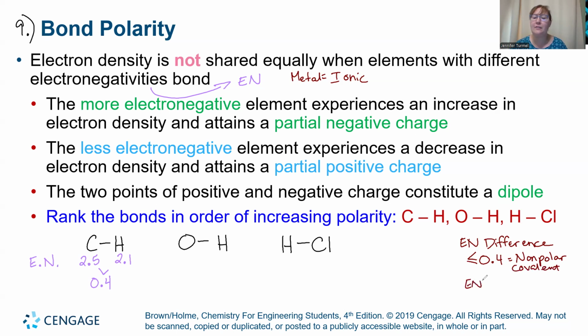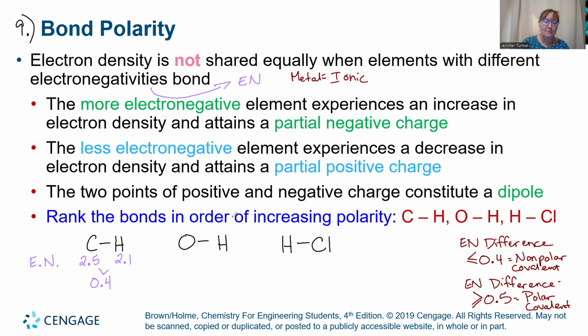If the electronegativity difference is greater than or equal to 0.5, then we have a polar covalent molecule. Okay. All right. So now let's go over here. So we can see that this CH is at the very top of that nonpolar range.